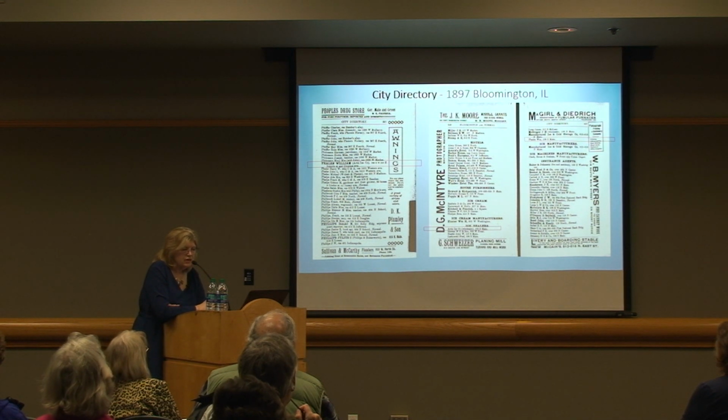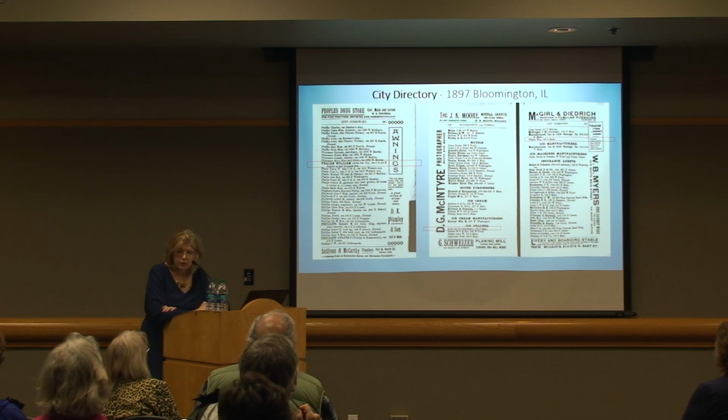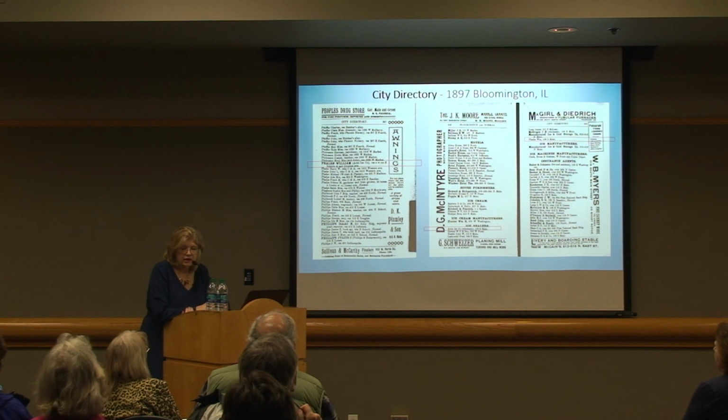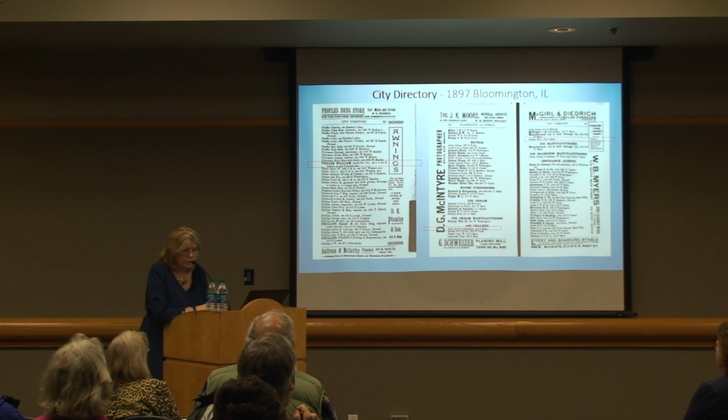Now, if you've ever used city directories, you know they are invaluable for finding people, putting people in a certain place at a certain time. The main reason they were created was marketing. The local businesses wanted to know who lived in the area that they marketed to so they could drum up more business. And usually you would have the head of the household listed.